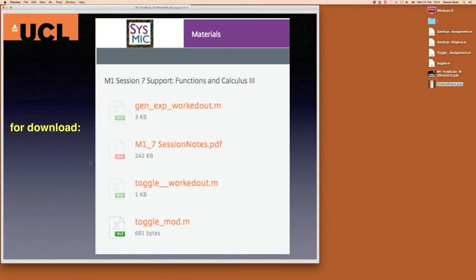Download materials, here's a list. You have a PDF file where there's complete session notes, where all the codes and all the figures that we are generating here during the session will be available for you in a written form, so you can look them up later for your perusal. And we have 3 files with MATLAB code, which is actually worked out solutions.